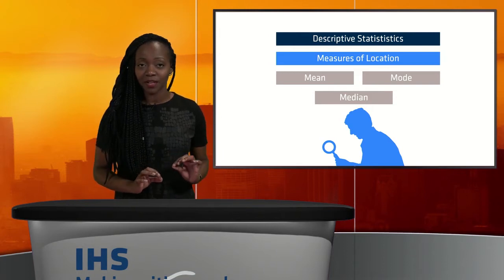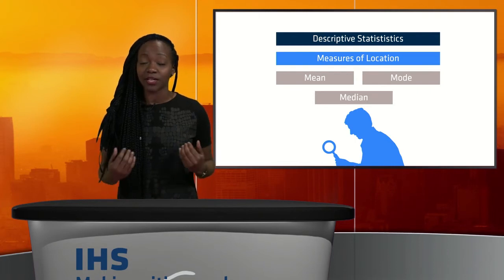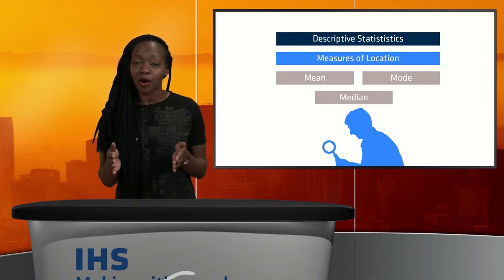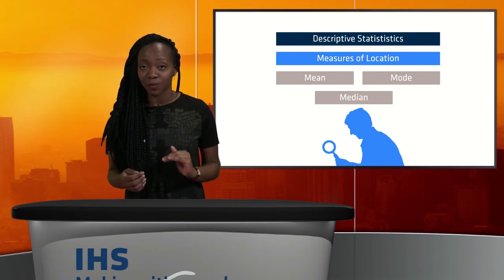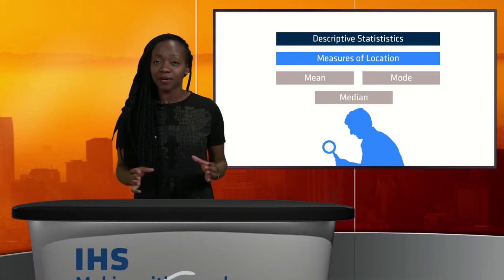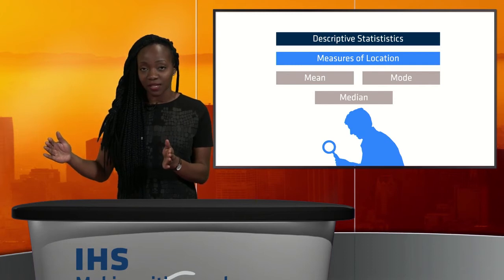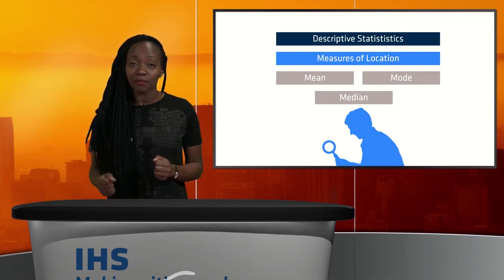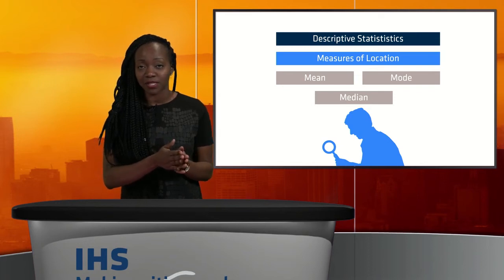For example, we can obtain the average of the age variable in our data by summing up all the values of age and dividing by the number of respondents. The median is the number in the middle when all the data points are arranged in ascending order. And the mode is the frequently occurring value in the list of data points in the variable.